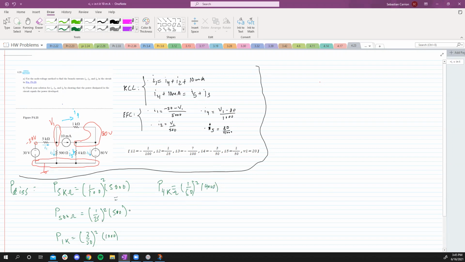Okay, so I'm going to calculate it really quick. 0.5 watts. 0.8 watts.